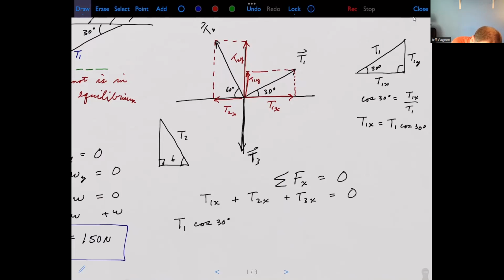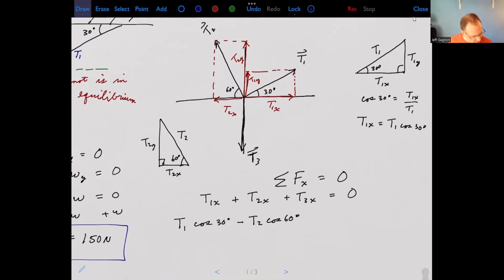This is 60 degrees. This is T2x, which happens to be negative. We're going to make sure we take that into account later. And this is T2y. And again, because T2x is adjacent, right next to the 60 degrees, it's going to involve the cosine. So the x component of T2 is going to be minus T2 times cosine of 60 degrees.